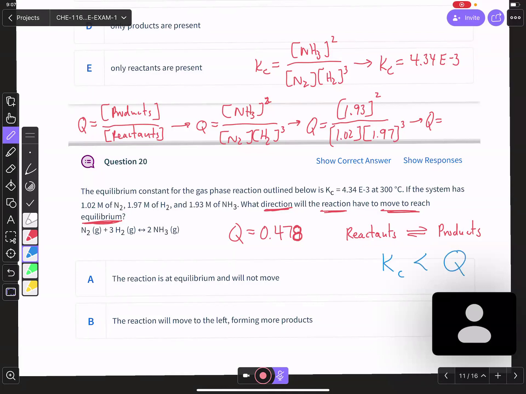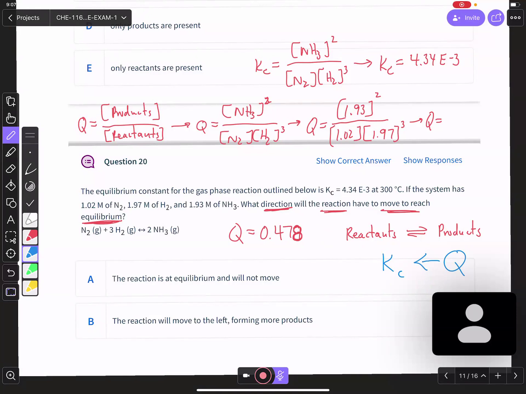Right, our Q, correct, yeah. Our Q is greater than K. How do we get that, right? We got that because I must have a higher concentration of products than I want at equilibrium. So the reaction must want to move to the left, forming more reactants.